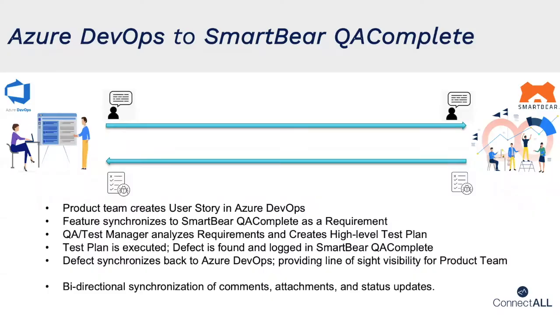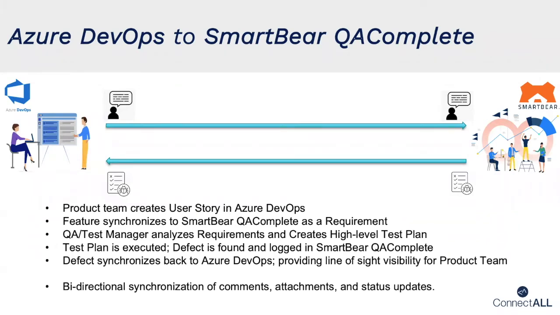So in this simple demo today, we'll showcase a user story originating in Azure DevOps, synchronizing to SmartBear QAComplete. We'll show you how the QA team can change the status of the user story and add a comment, while the changes are automatically synced back over to Azure DevOps for the application development team to see and start monitoring.